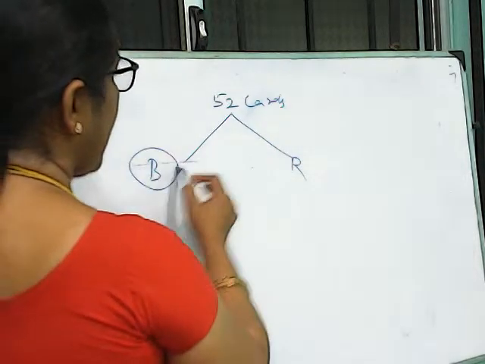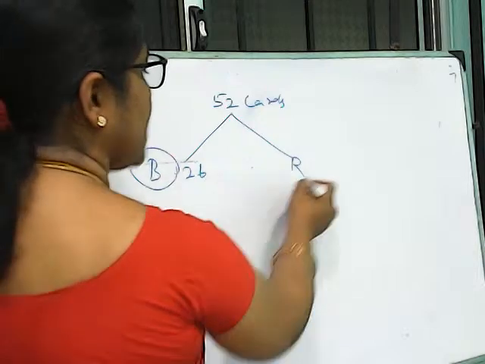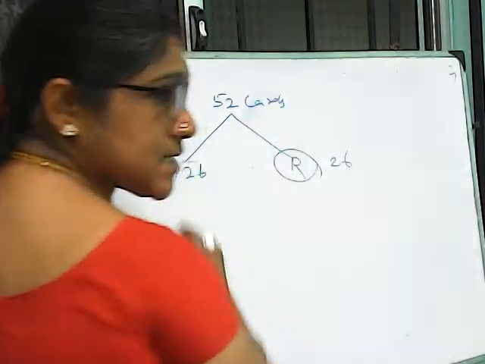If we take black cards, you have 26 black cards, and red cards, similarly 26 red cards.